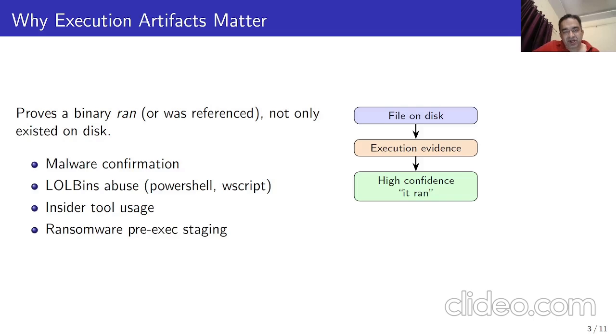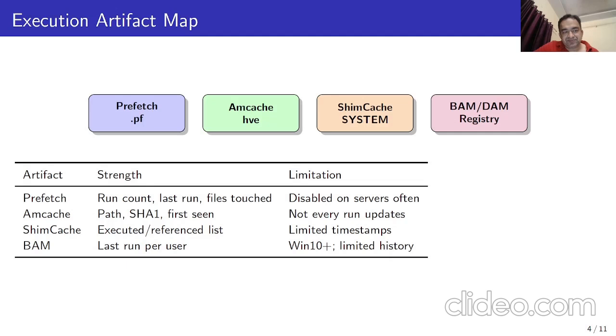The right flowchart shows file on the disk leads to execution, which leads to evidence, which finally leads to high confidence. That is the teaching hook. For example, certutil.exe on every Windows disk is normal. Prefetch showing certutil with a URL and output file path is suspicious rather than an alert.